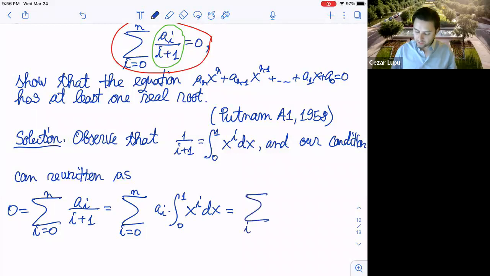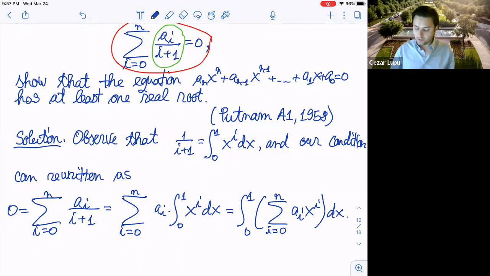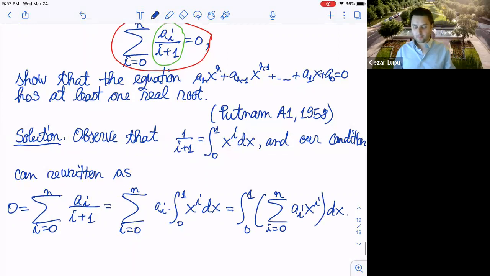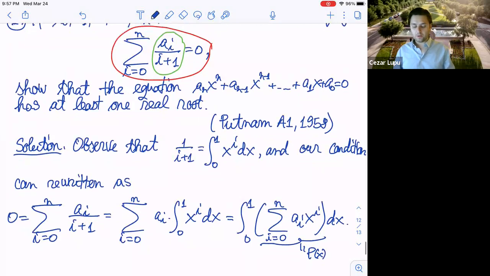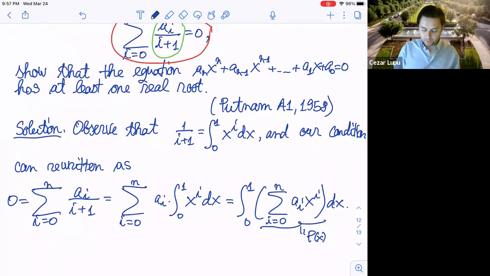So this is the integral from 0 to 1 of the sum from i equals 0 to n of a_i x to the power i dx. We know that this guy is 0. All right. So let's call this guy here p of x. So we know that the integral from 0 to 1 of p of x dx is 0.